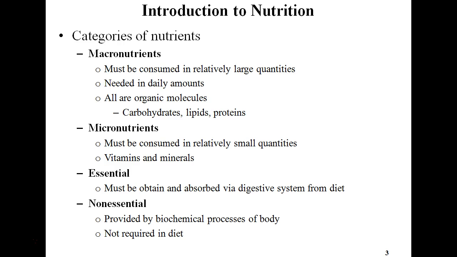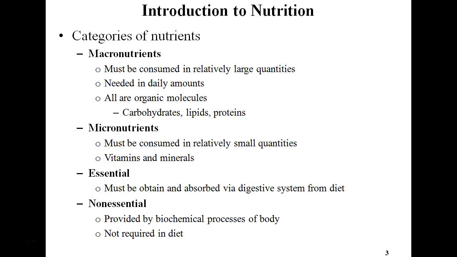In nutrition, we also have the category of micronutrients. These must be consumed in relatively small quantities. By this, we're talking about tiny vitamins and minerals. And again, these are obtained through foodstuffs. We have essential nutrients that must be obtained and absorbed via the digestive system from the diet, and non-essential nutrients.